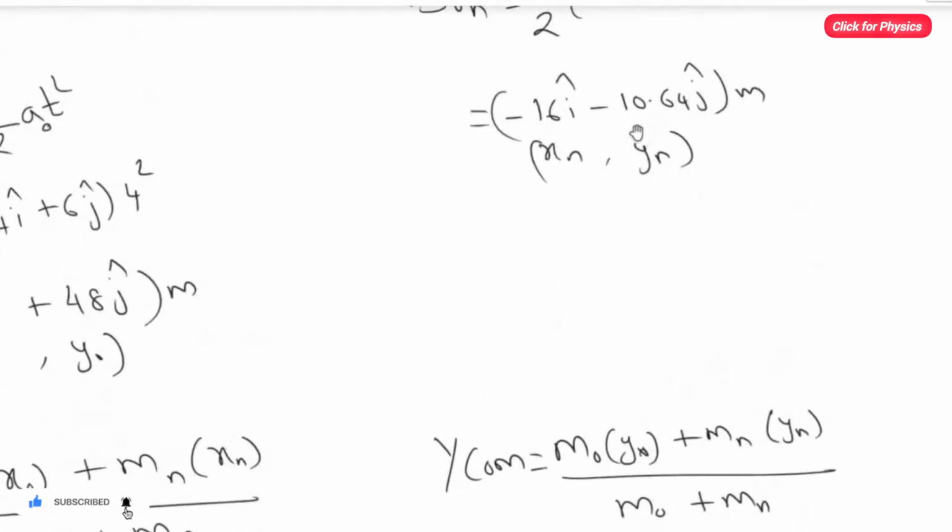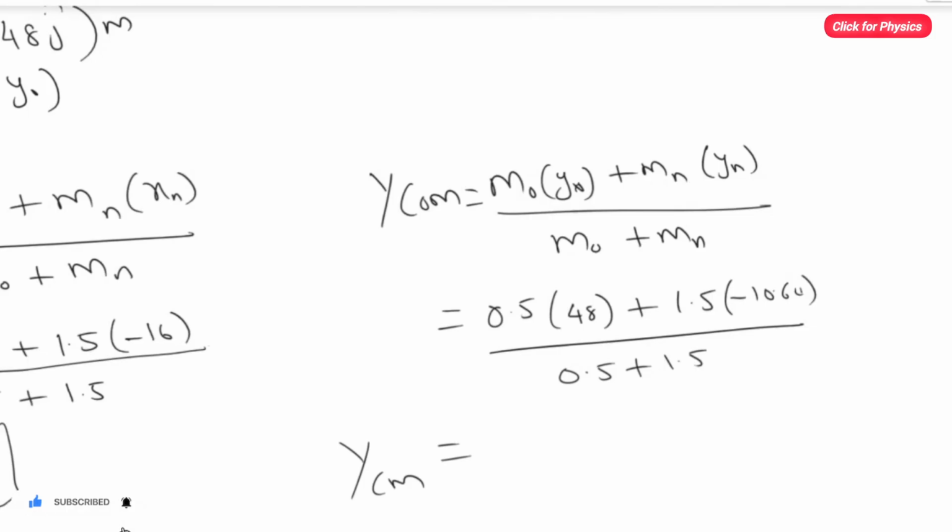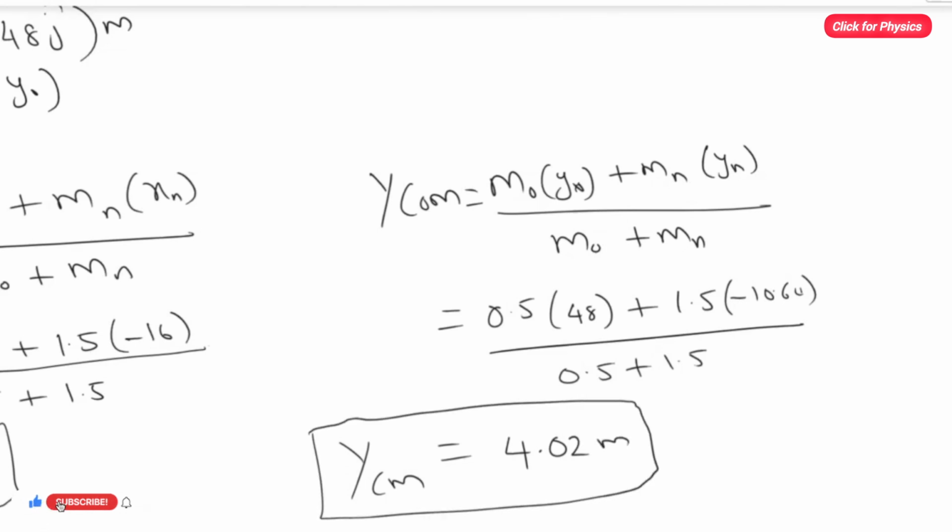What is our y_n? Minus 10.64, divided by 0.5 plus 1.5. Now we got the y center of mass of the system as 4.02 meter.